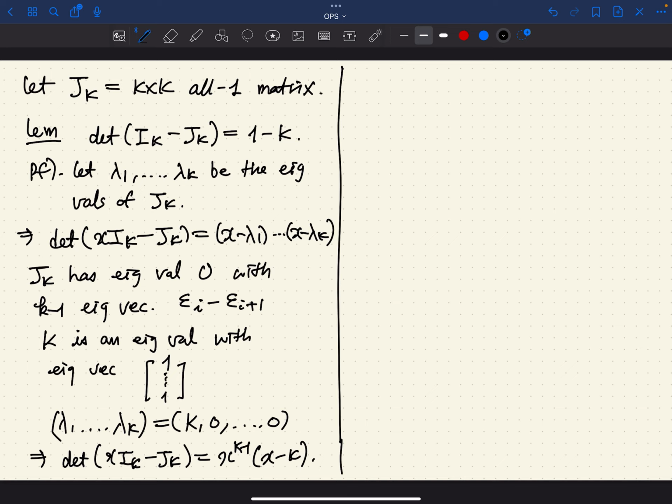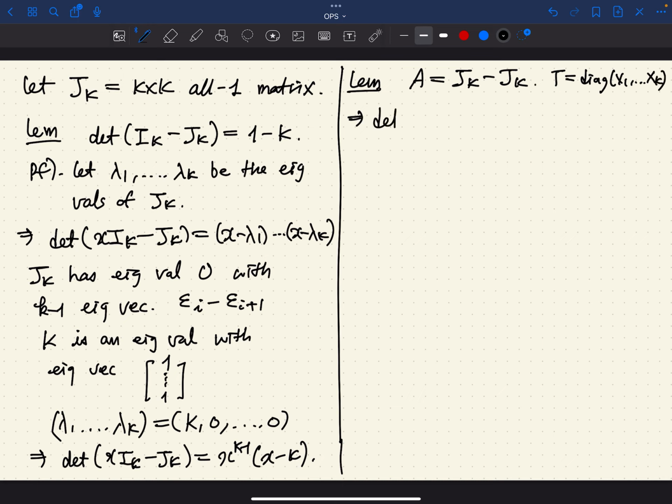Finally, we have the one final lemma. Now we need to compute this matrix. Let A be the matrix like this, and T is basically the diagonal matrix with x1 through xk.